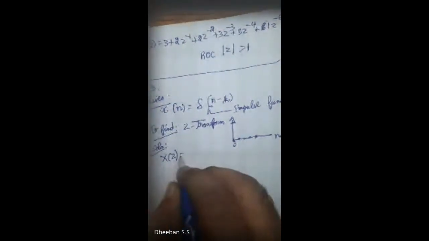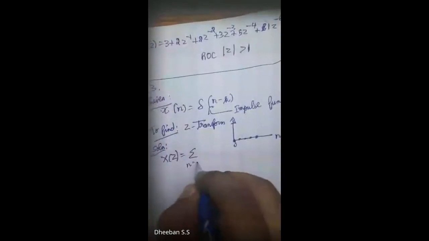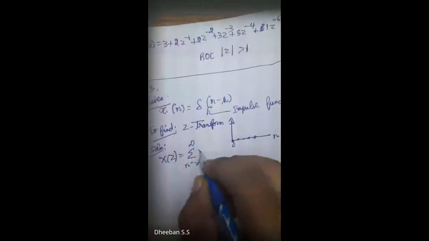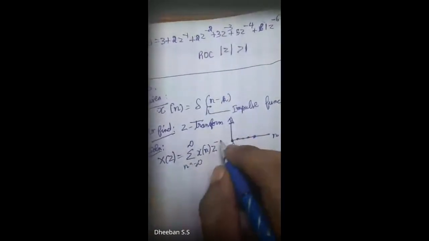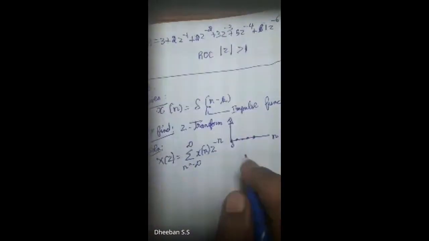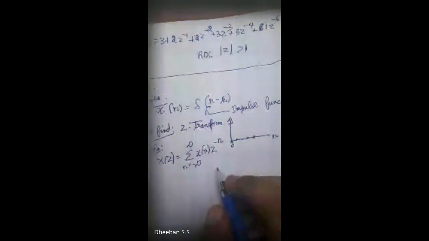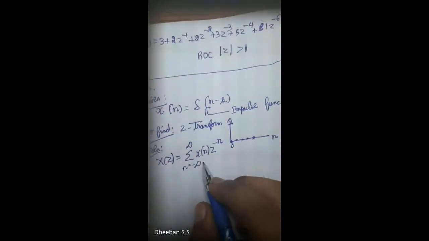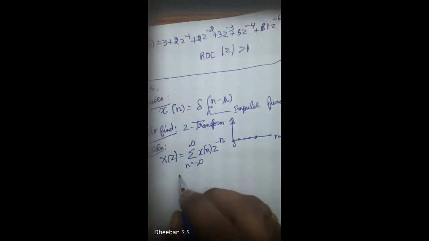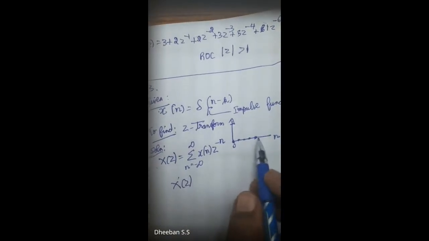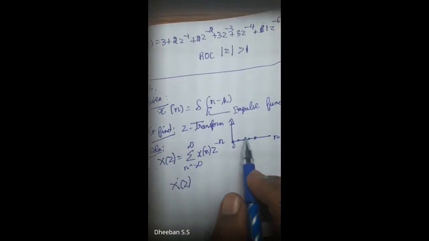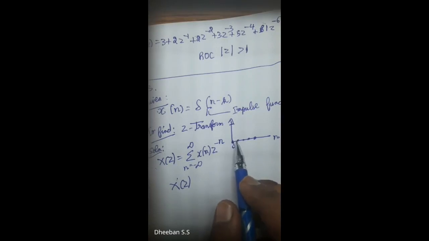The Z transform is x of z equal to the sum from n equal to minus infinity to infinity of x of n z to the power minus n.